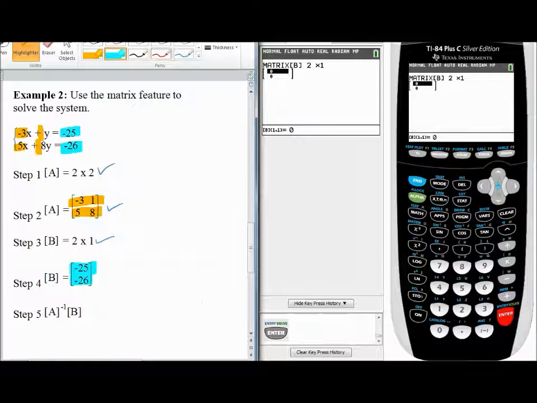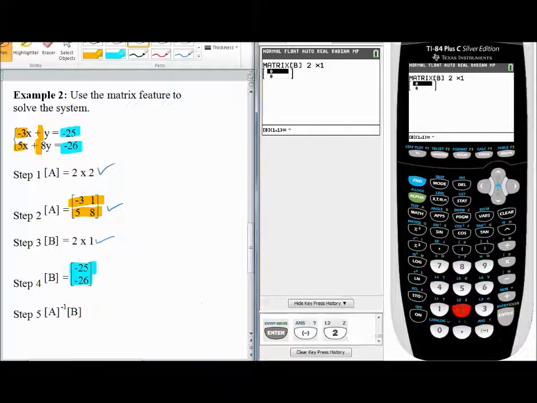So I go back over here to my calculator. For the top number, I should have negative 25, enter, and then I'll put in negative 26, enter again, okay? So that means step 4 is done for us.